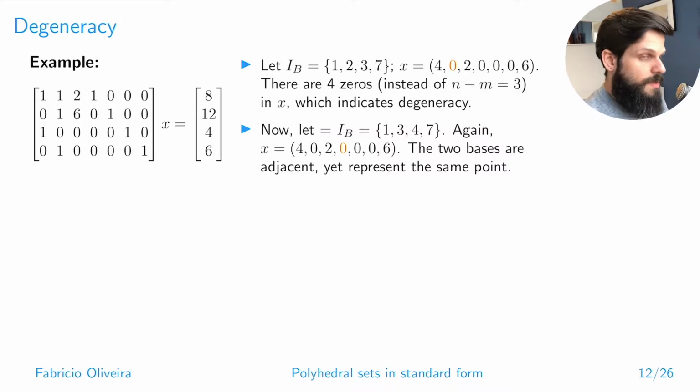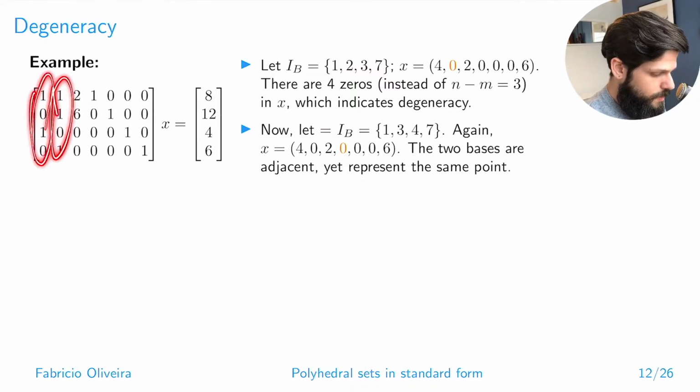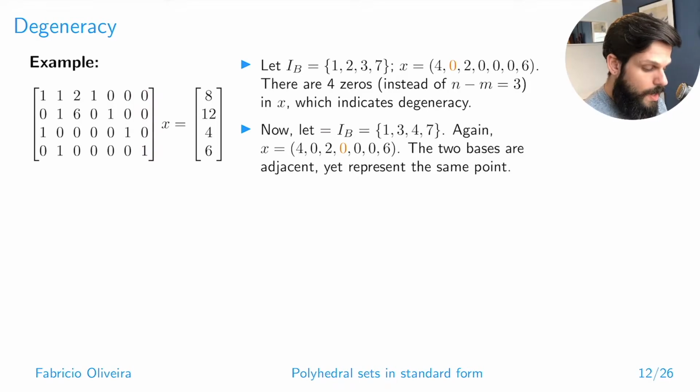Here is a numerical example. How can we see degeneracy in an algebraic setting when we can't see the picture? Like in this problem, which is a problem in R7. Let's look at the basis 1, 2, 3, 7. So I'm picking columns 1, 2, 3, and column 7. Do the same procedure. That becomes my matrix B. I solve to find XB. XB for 1, 2, 3, and 7 is 4, 0, 2, and 6.